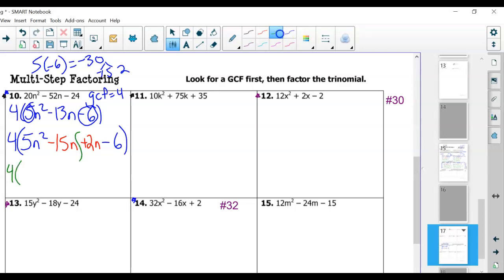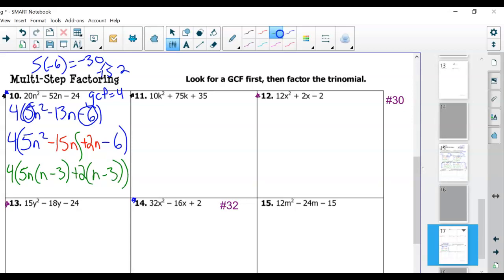The 4 I factored out at the beginning stays. My GCF on the left is 5n, leaving me with n minus 3. My GCF on the right is 2, and it's positive, leaving me with n minus 3.